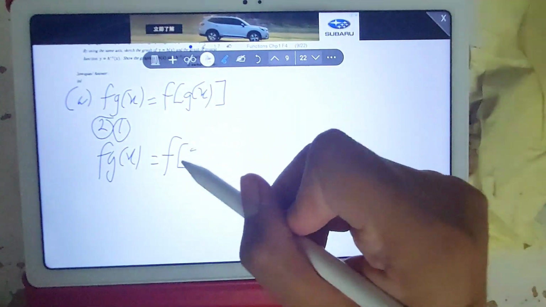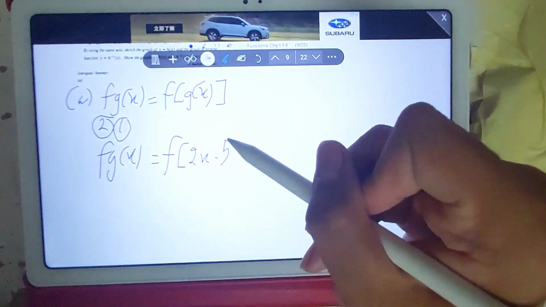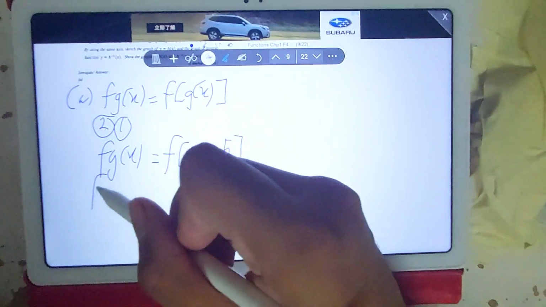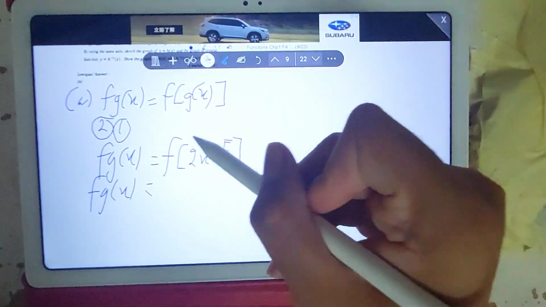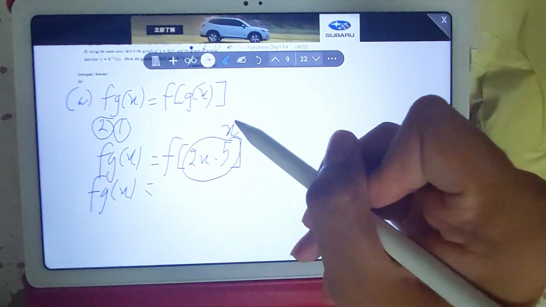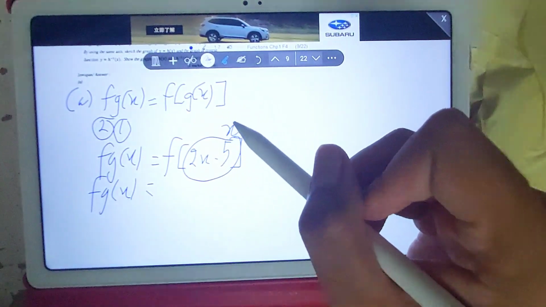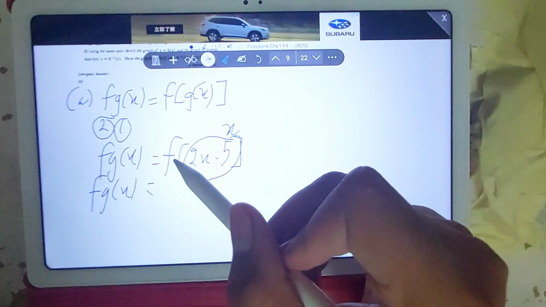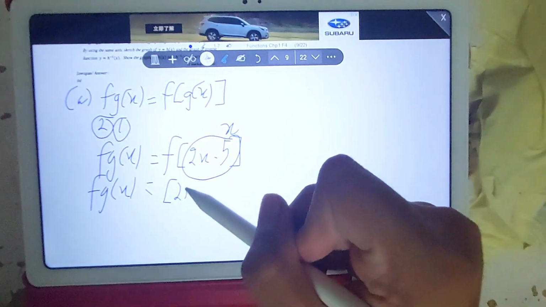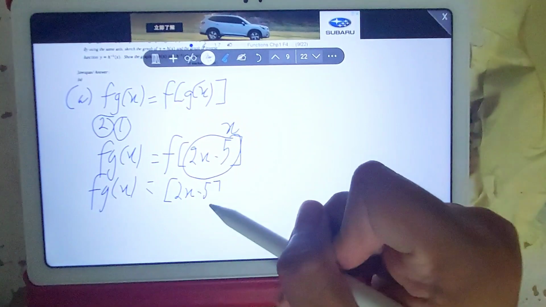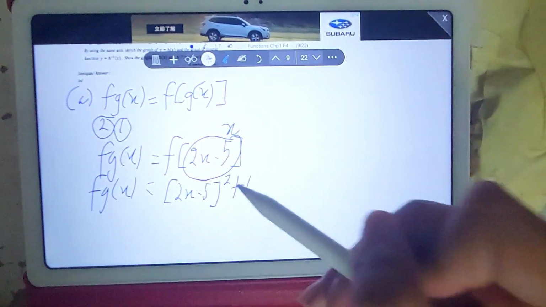Based on the question earlier, it is 2x minus 5. You'll substitute this into your f function. Of course, you make this as your object now for the f function. So the f function was x squared plus 1. So the x will be substituted by (2x minus 5) squared plus 1.